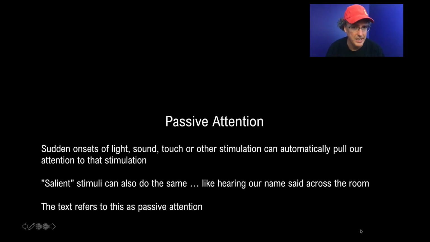Salient stimuli can do the same, and you heard about that when the textbook talked about the cocktail party phenomenon, the fact that you can be at a party where there's a whole bunch of people having discussions, and you just hear a murmur, meanwhile you're having a discussion with somebody, and your attention seems to be focused on that person and that interaction, and yet if at the back of the room somebody says your name out loud, that can pull your attention there as well. So this is part of the story we're developing, right? The part of the world we're really aware of perceiving is the part that's in our conscious mind.